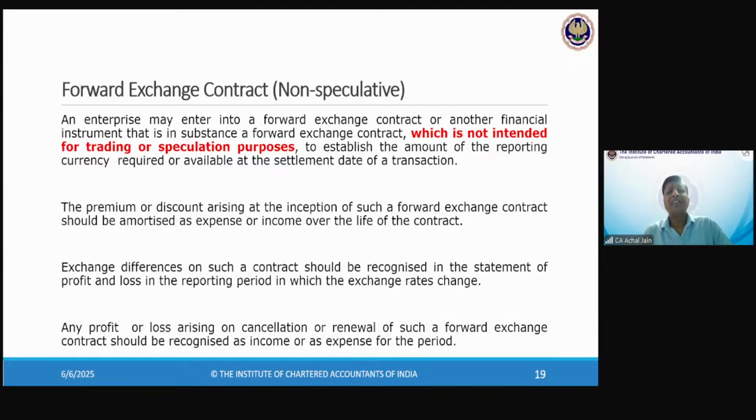Now, these forward exchange contracts could again be of two types. One that is held for speculation purposes and second which is not held for speculation purposes.